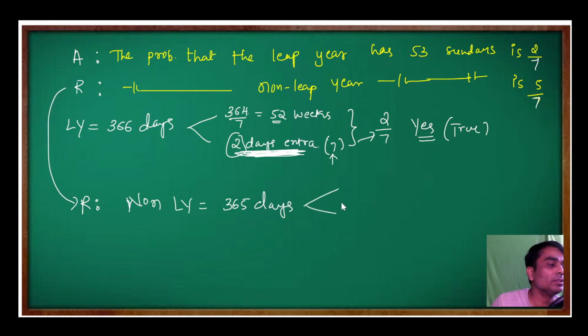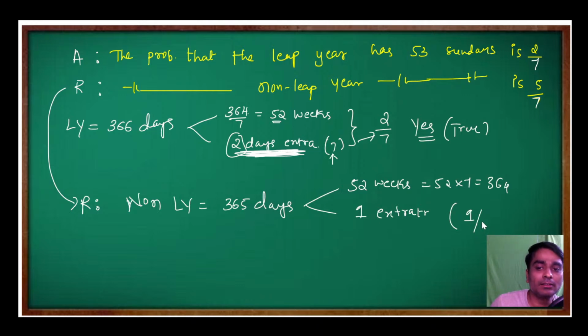Like this same way we will do this also. 52 weeks means 52 Sundays, that is 364. So you have here one extra. So this should become 1 by 7, but they have given you 5 by 7. Means false.